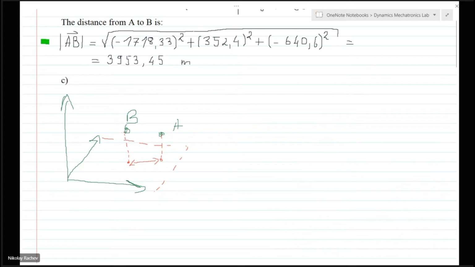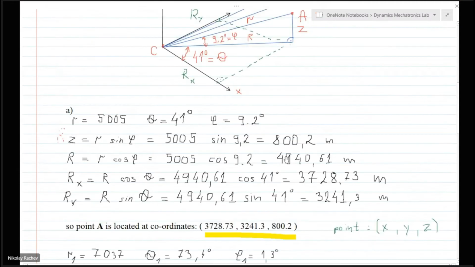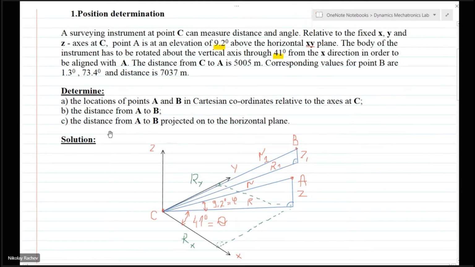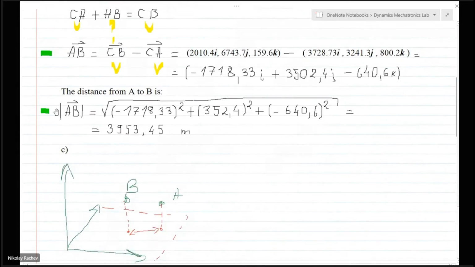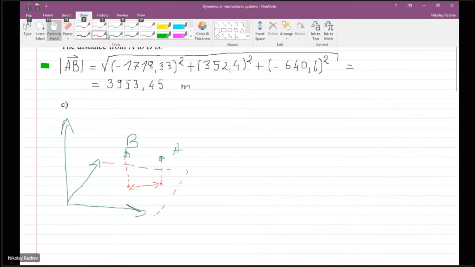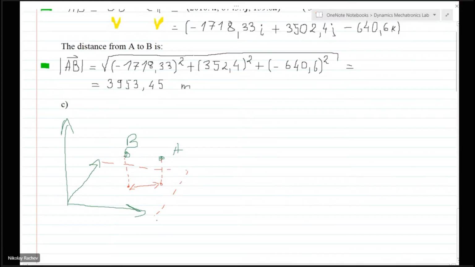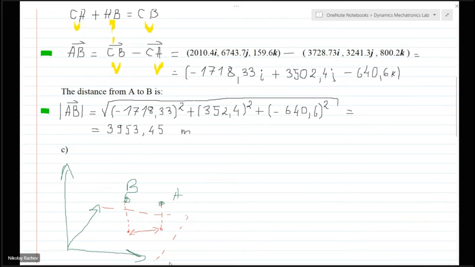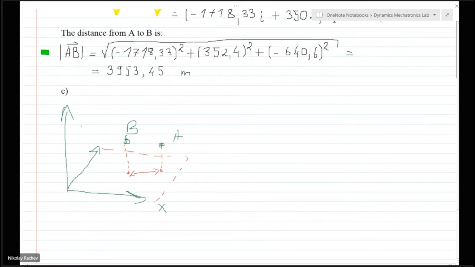Now, if I'm looking for it, and I repeat myself on purpose once again, it is only the distance, then it means we practice the second green way. It is the absolute value of the vector AB once again, but only to the coordinates on the horizontal plane. That means it will be a two-dimensional calculation. That's all. Even easier for us.